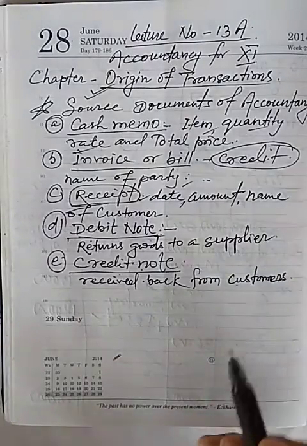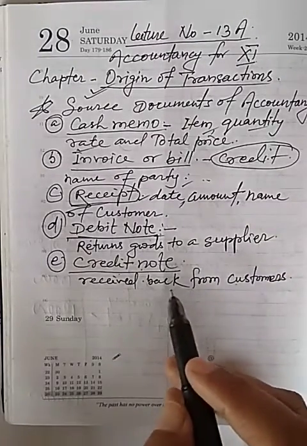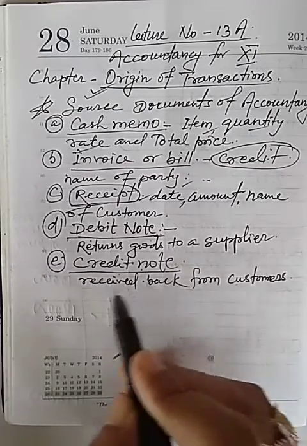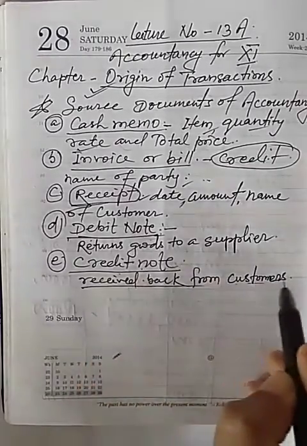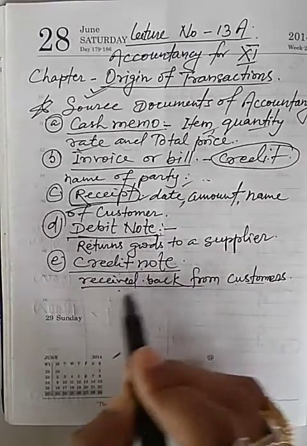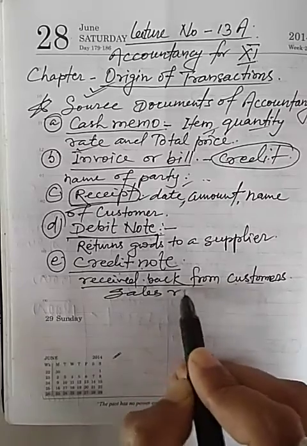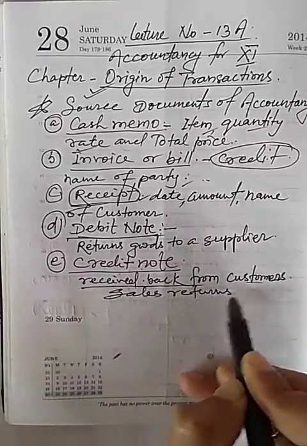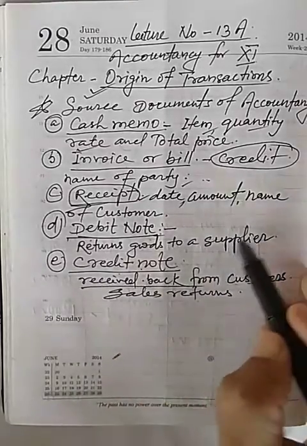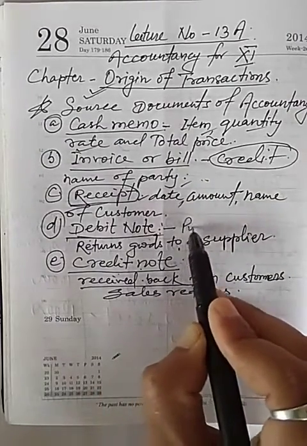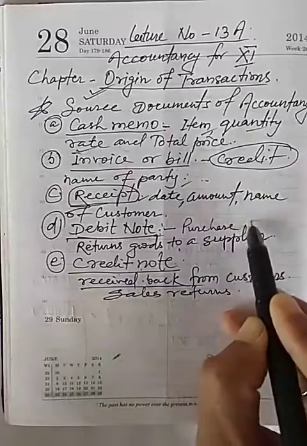A duplicate copy of the credit note is retained for record purposes. It is also known as sales returns, and debit note means purchase returns.